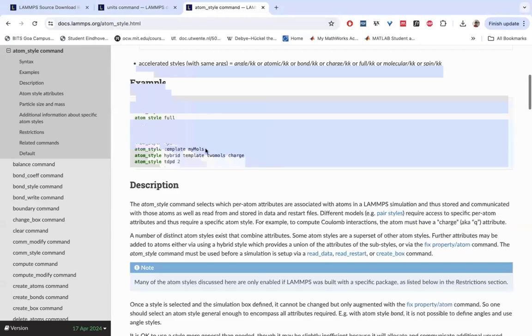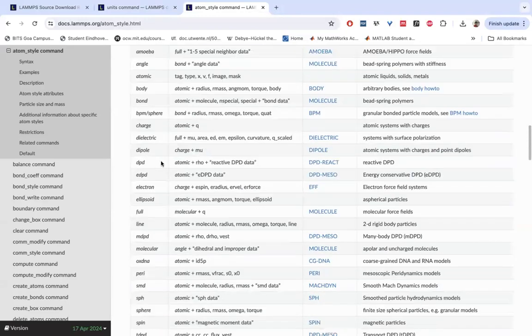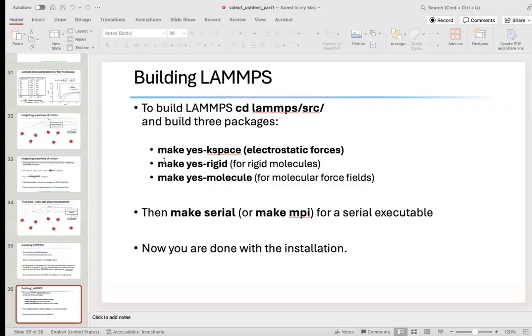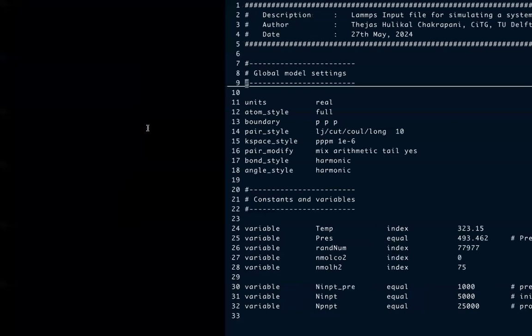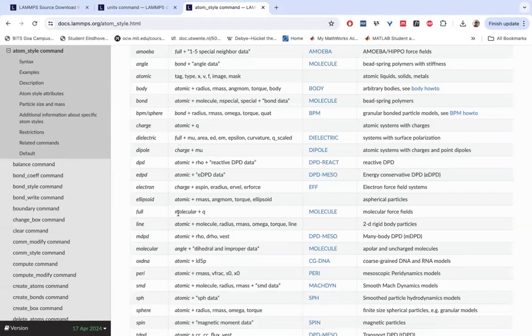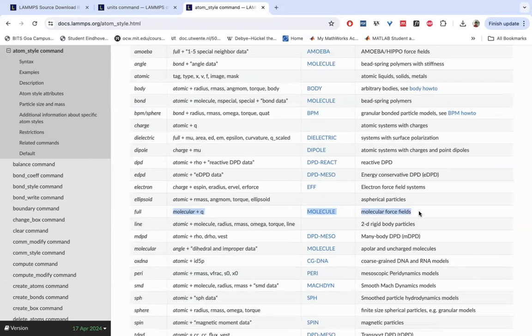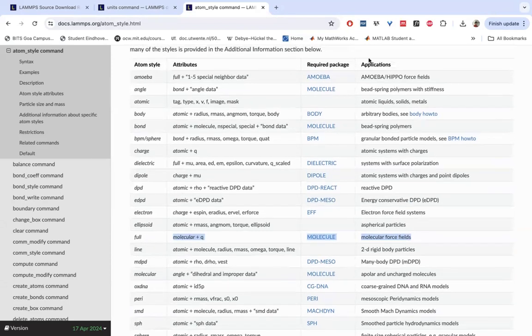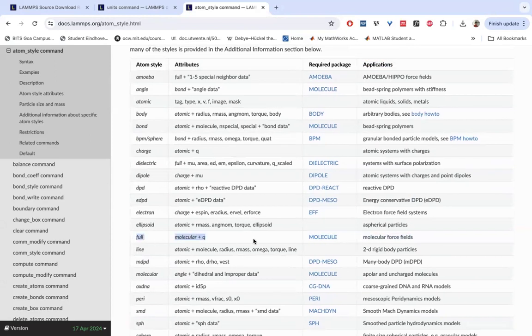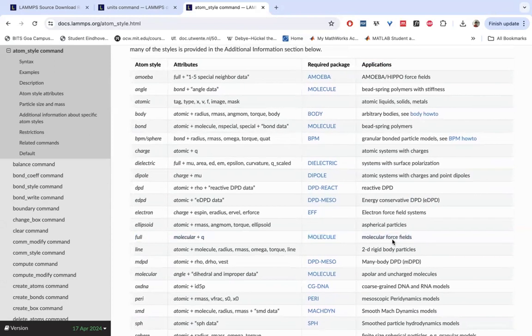When you say atom style full, it gives you access to all the molecular force fields. That's the reason why you need to specify all of these commands here. Now, you can also use other types of commands.